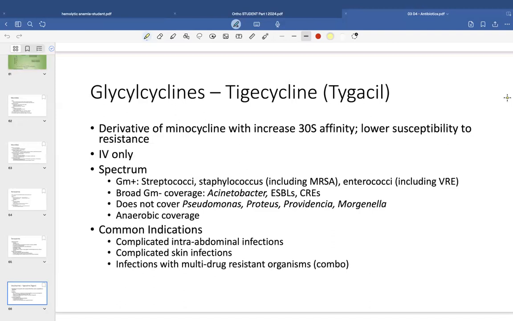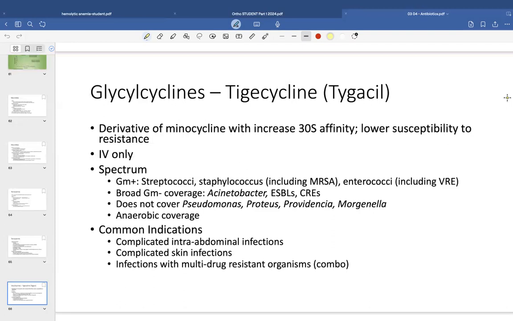Clindamycin works on the 50S subunit for gram-positive infections and anaerobes. We think of this as mouth anaerobes, not so much the GI. Strictly gram-positive coverage.